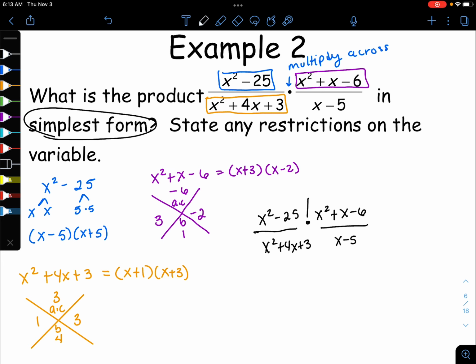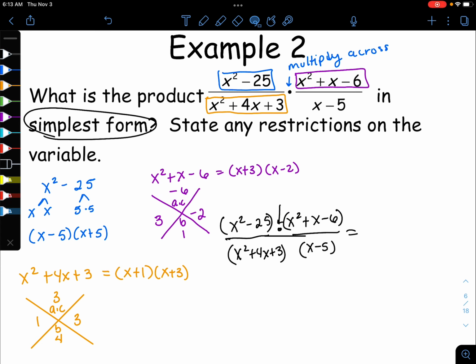Okay, so like I said, if it's multiplication, I just close the gap here and put parentheses to indicate that we're multiplying. So now let's replace this with their factored form. In blue, it's x minus 5, x plus 5, and in purple, we have x plus 3.